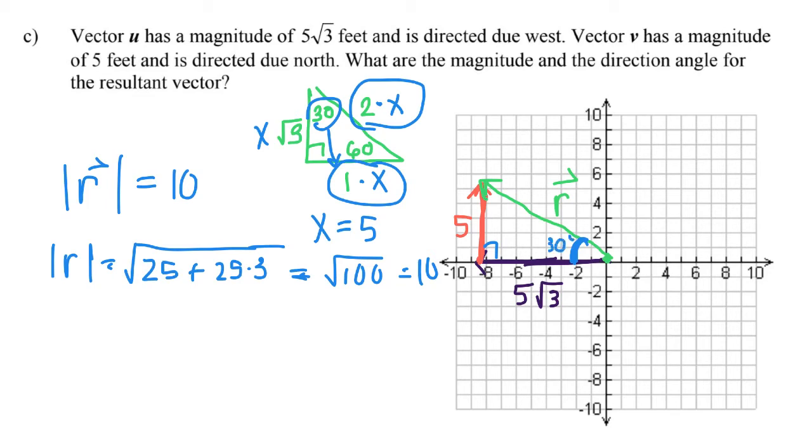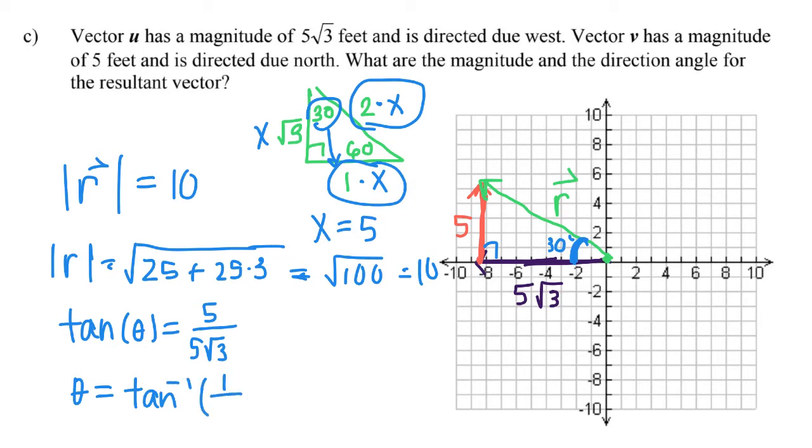If you don't want to use that, again, we could go back and say that tangent of theta equals opposite over adjacent. And so then we end up with theta equals inverse tangent of 1 over square root of 3, and that again is going to generate 30 degrees for us.